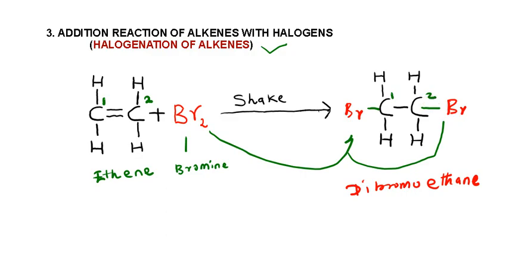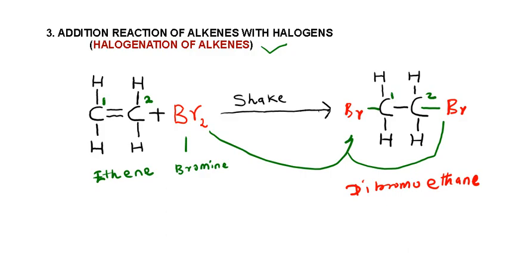And because we have a single bond here, it makes it saturated. So the name of this new product formed is dibromoethane. Hope you understood. This is the process called addition reaction of alkene with halogen. Let's also take an example of this addition reaction of alkene with halogen.